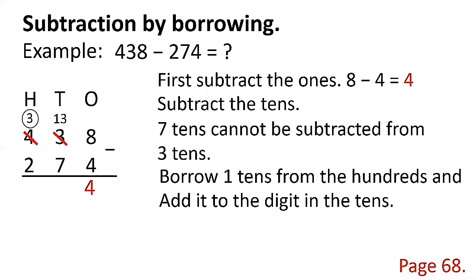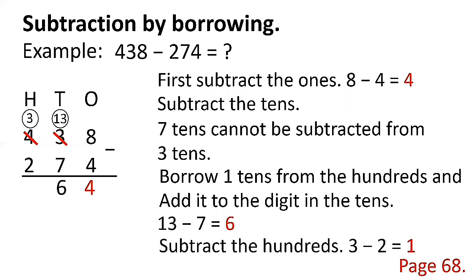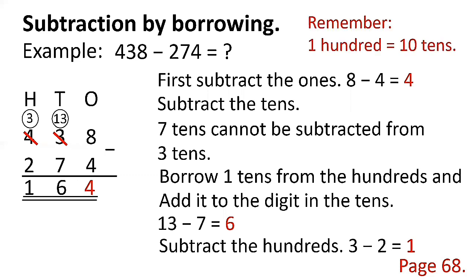And 3 becomes 13. So 13 minus 7 is equal to 6. Subtract the hundreds. 3 minus 2, that is 1. Okay, remember 100 is equal to 10 tens.